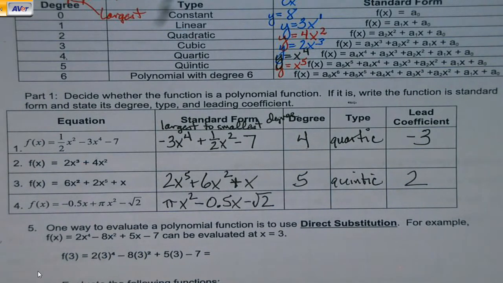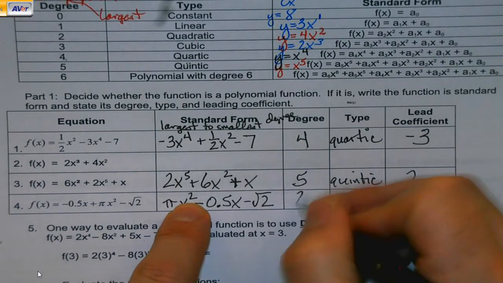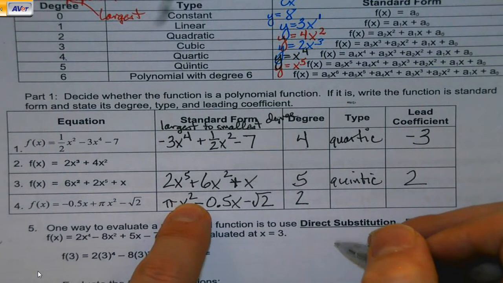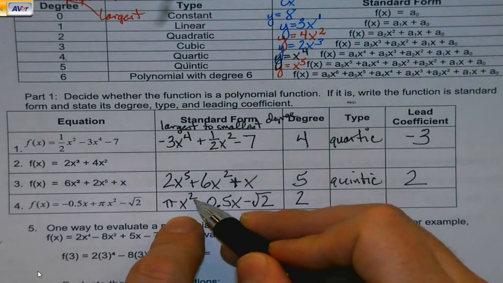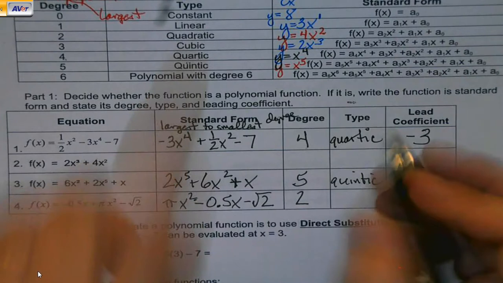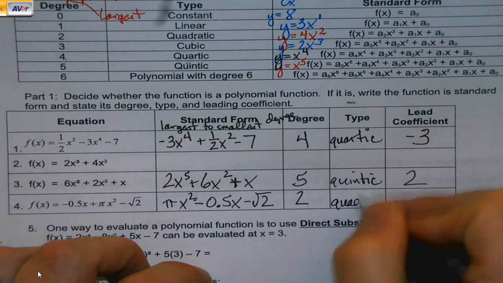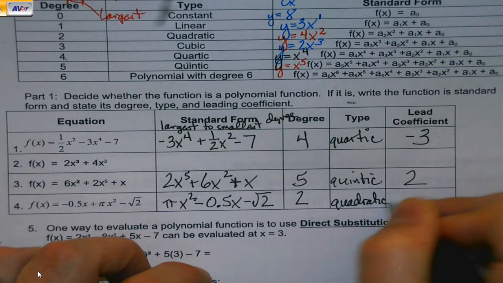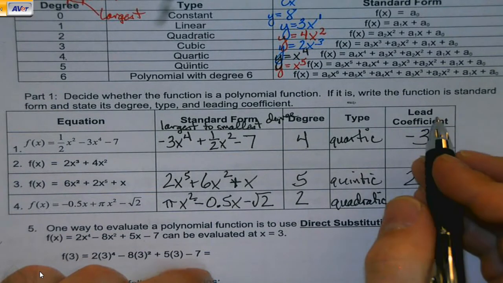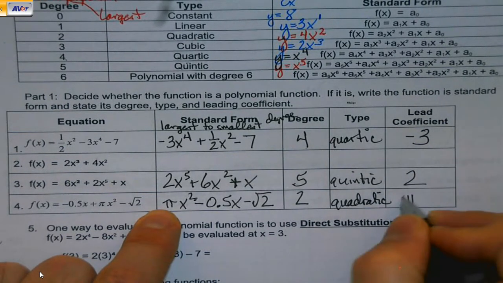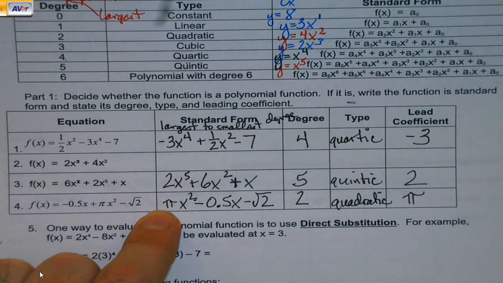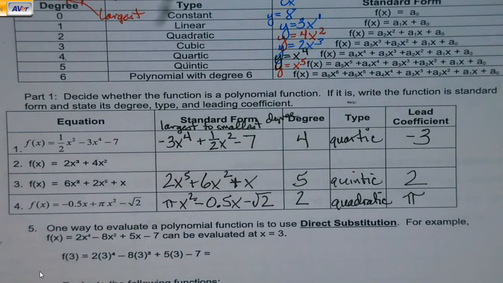Again, once we're in standard form, which is always a good idea, I can get my degree. My type, which is based on that exponent, would be quadratic. And yes, pi is a number, and it can be a coefficient. And so we're good and set on that.